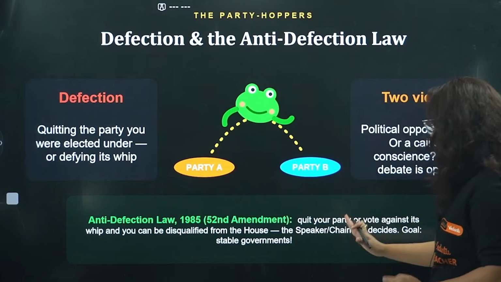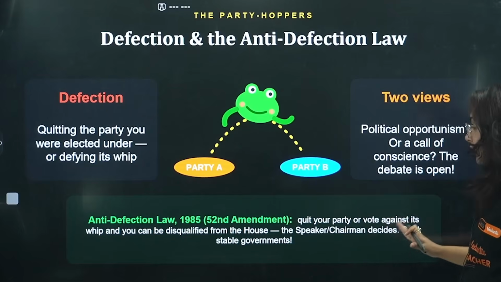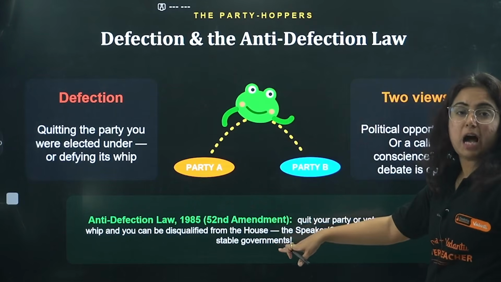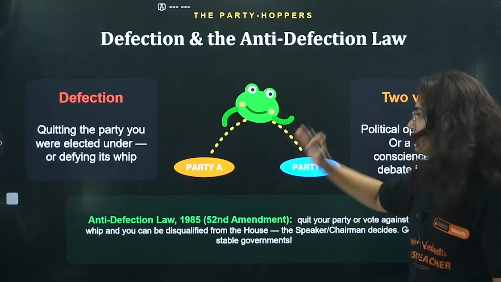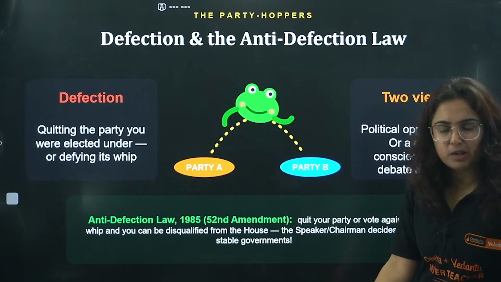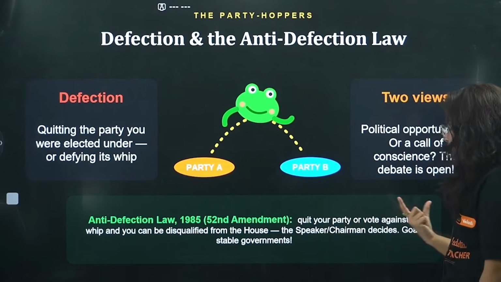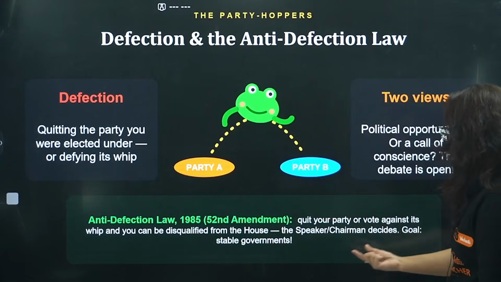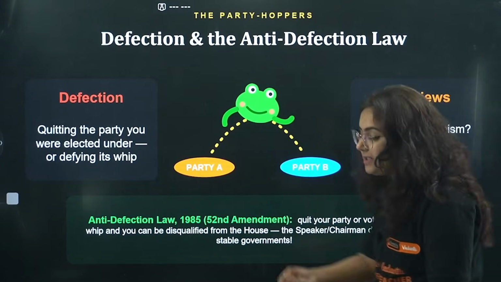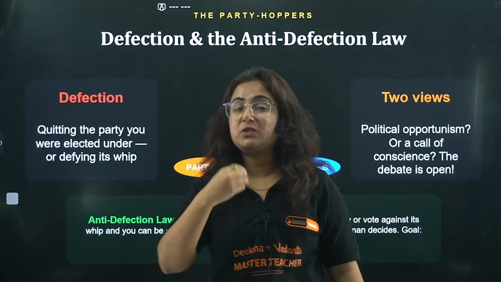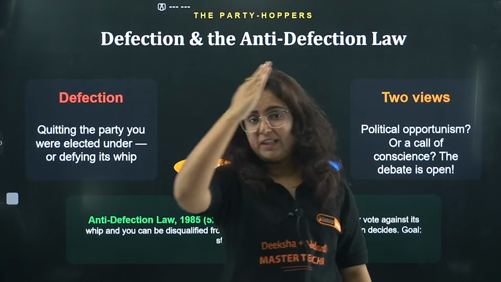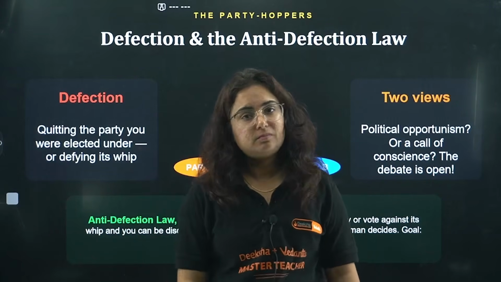If you quit your party or vote against its whip, you can be disqualified from the house, because defection is not moral. If you quit your party or vote against its ideology, you can be disqualified. The speaker or the chairman decides. The goal is to form a stable government, because if people are doing this again and again, there will be no political stability and the government will fall.